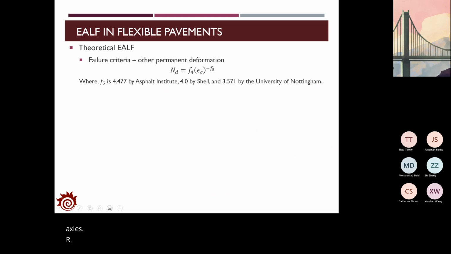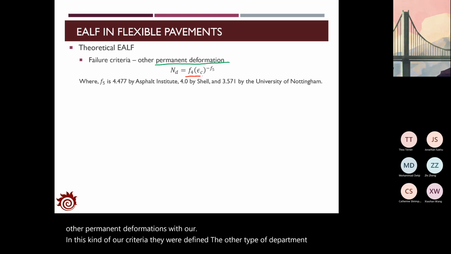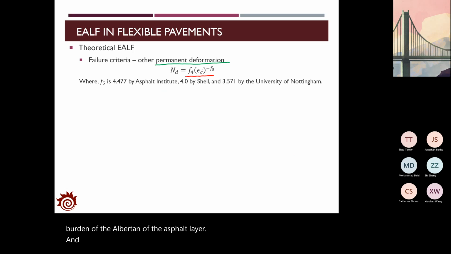In the literature, there's another type of failure criterion, which is related to the other permanent deformations. Within this kind of criterion, they will define the other type of permanent deformation as also a function of the strain, the tensile strain at the bottom of the asphalt layer, and they will try to calibrate this model to find out the coefficients F2 and F5.